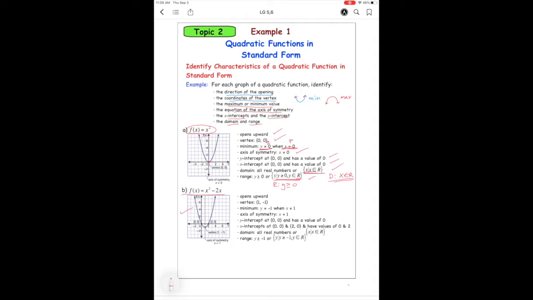Okay, the second example here, there's our sketch. It's opening up. The vertex, it's a minimum because it's opening up, and remember it's your P and your Q. So it's important that you get this vertex using your Desmos on your calculator. Then the axis of symmetry, and so on.